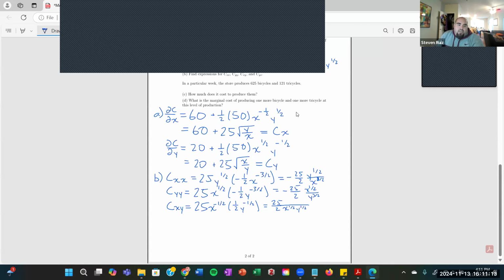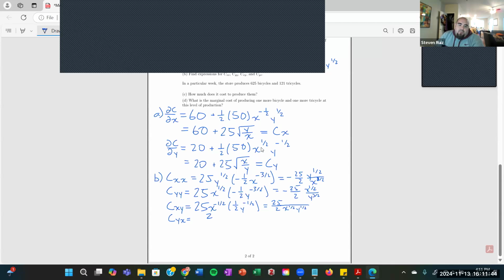And finally, what is c sub yx? I am not sure if this came up in the videos. I didn't see it, but one thing I'll tell you now is that these mixed partials, I can't remember what the condition is, but in all the functions we're going to handle in this class, these mixed partials will be identical.